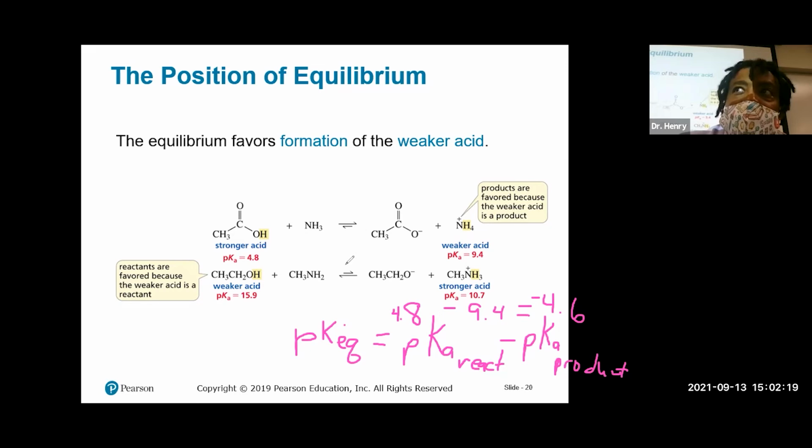If the value is a positive value, let's see, actually they both should be. So in this case, 15.9, sorry, minus 10.7. That's going to give me a positive value.